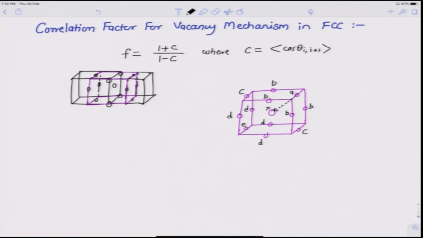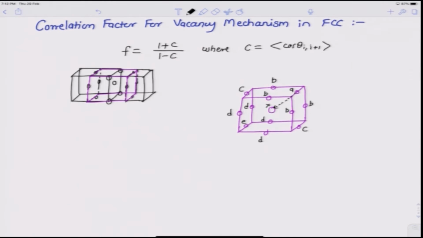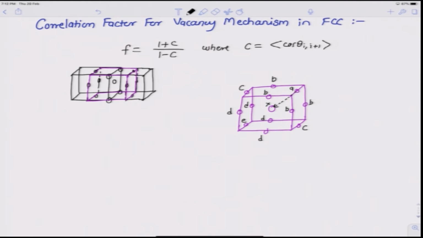So, when we are tracking an atom and its jump, we are calling it a tagged atom. The first jump of the tagged atom is, let us say, from A to X. So, now our tagged atom is at position X and the vacancy has gone to position A.